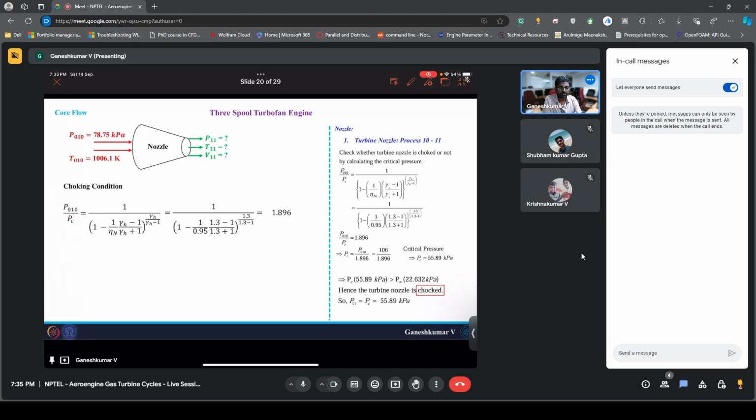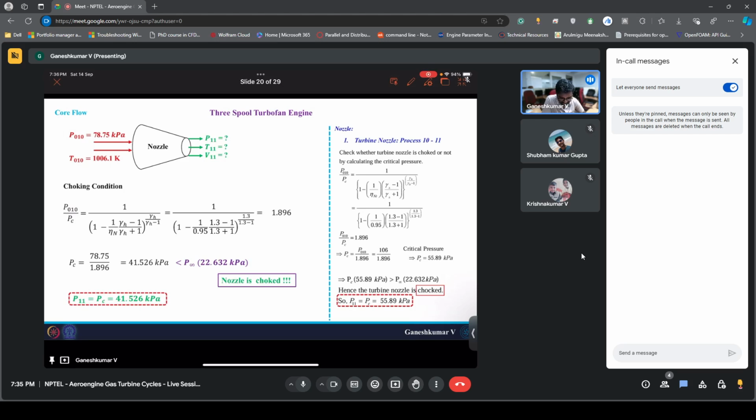There could be a situation where it may not get choked. Let's see what happens here. So here, the critical pressure comes out to be 21.526 kilopascal, which is fairly greater than P infinity, which is 22.632 kilopascal. So still the nozzle is choked. Okay, so there's no problem.